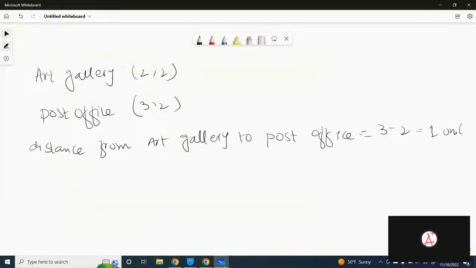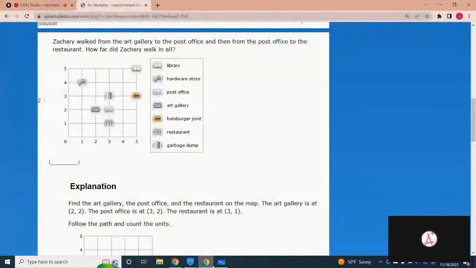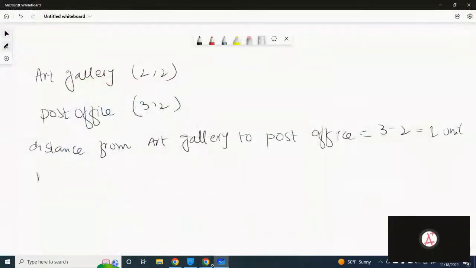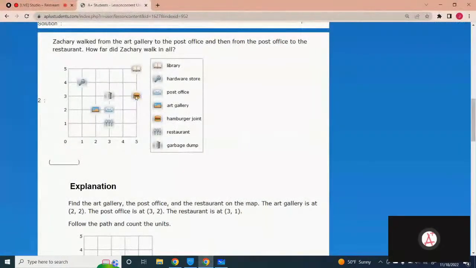Got it? Okay, then from the post office to the restaurant. Okay, the coordinates for the restaurant are, here is the restaurant. No, this is the restaurant, sorry. It would be 3 and 1. The restaurant is 3 and 1.